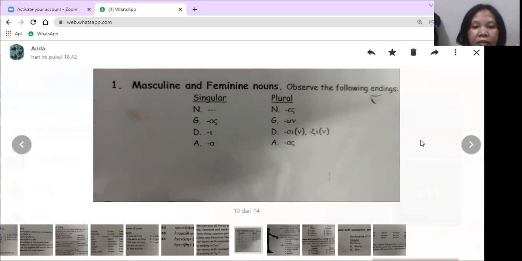And when we find words which have endings os, a, as, on, sin, as, we can say that they are included in the third declension of masculine and feminine nouns.